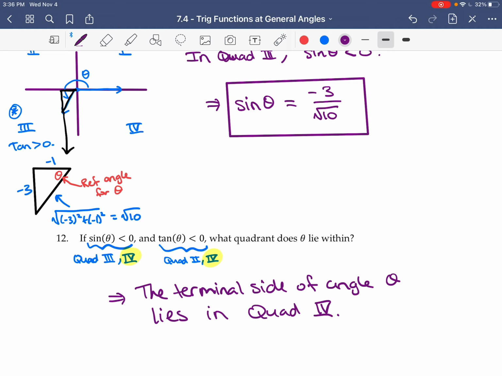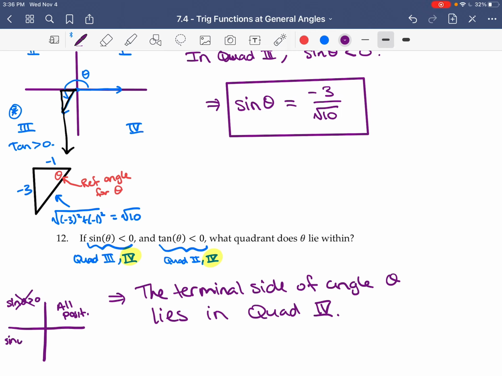Just knowing the signs, you could make a little grid here. Here they're all positive, so that one's out. Here sine theta would be positive, so that one's out.